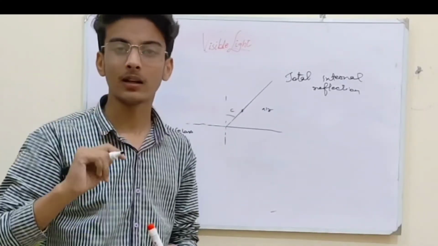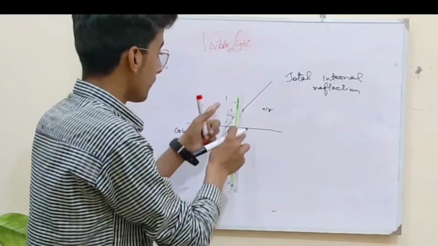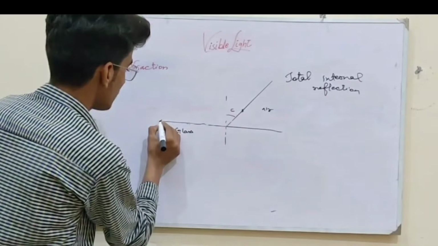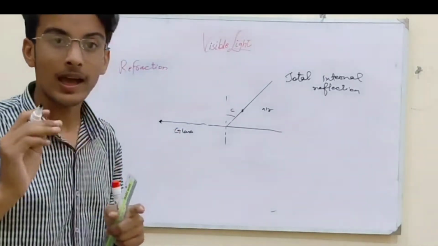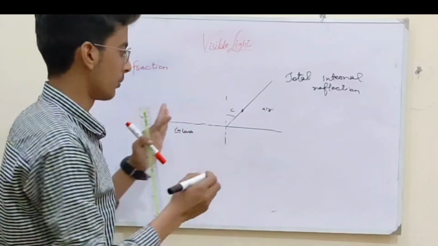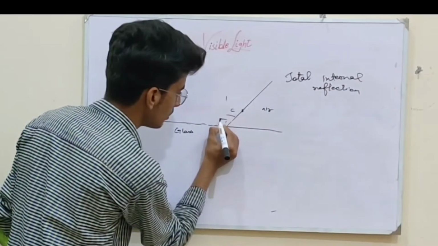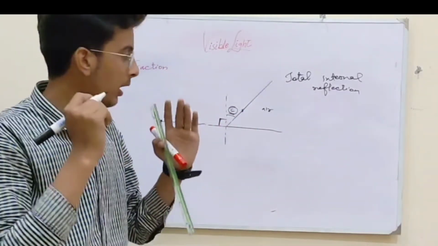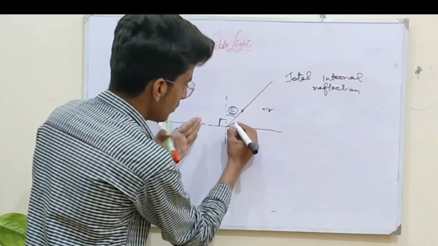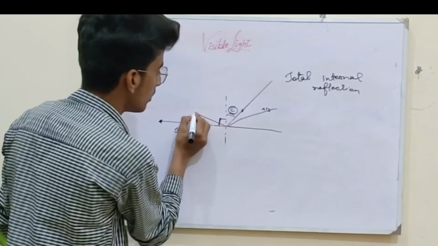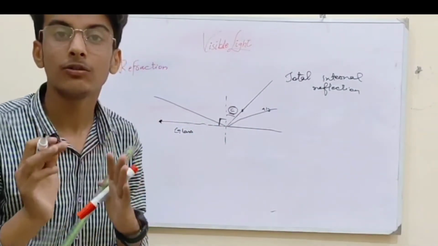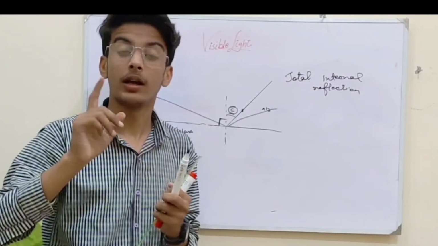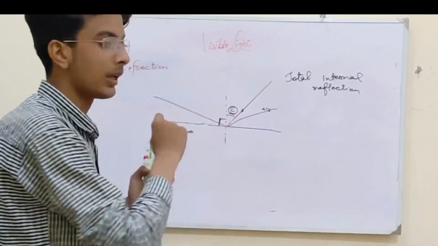What is the critical angle? The critical angle is when the refracted ray makes 90 degrees to the normal. When it is 90 degrees to the normal, then this angle is the critical angle. And when the angle is greater than the critical angle, total internal reflection will take place. It means reflection would take place in luminous objects.